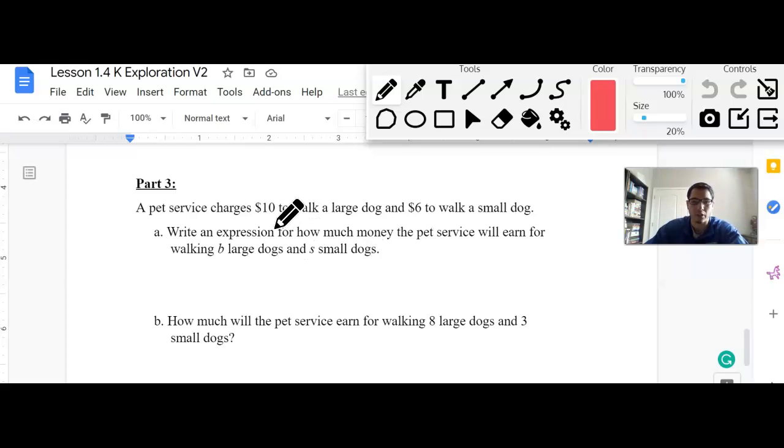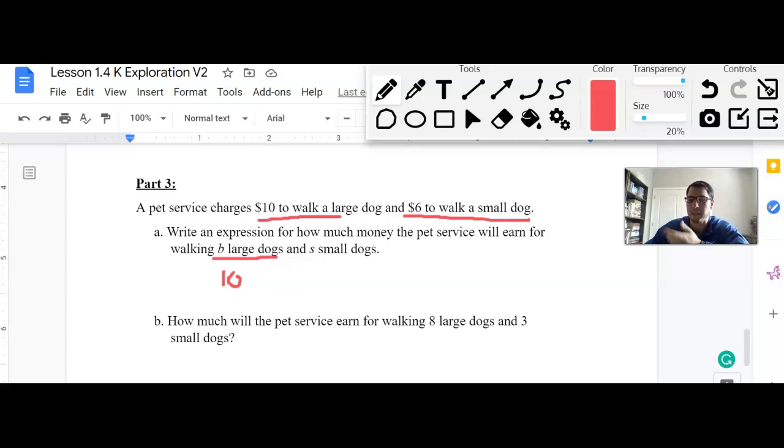All right, so $10 to walk a large dog and $6 to walk a small dog. So the algebraic expression would be $10 times the number of large dogs that you walk. So if we walk 1, it's $10. If we walk 2, it's $20.